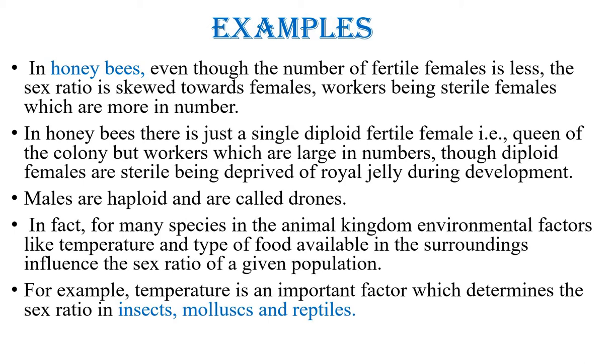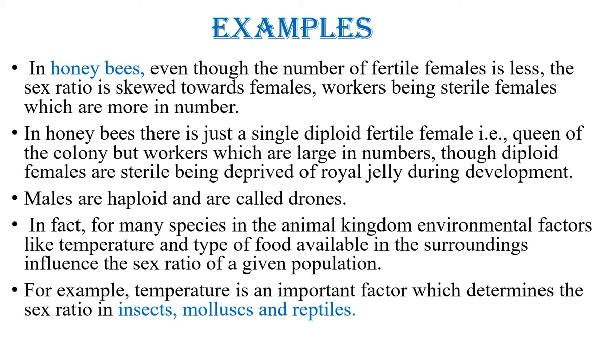Even though the number of fertile females is less in the honeybee, the sex ratio is skewed towards the females, and these females are workers, which are sterile females, which are more in number.